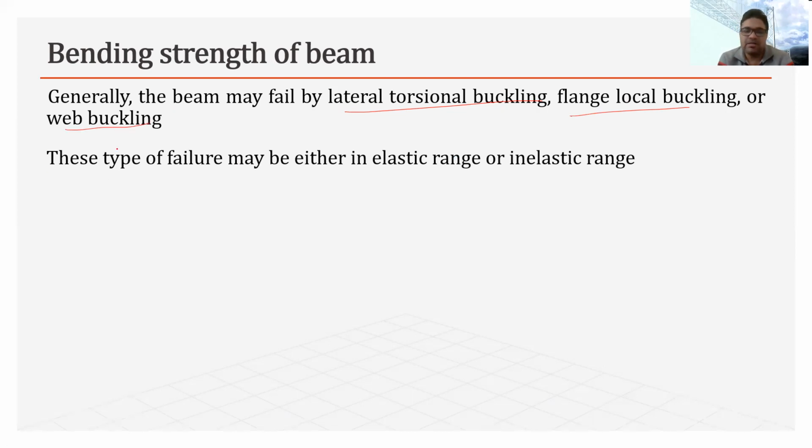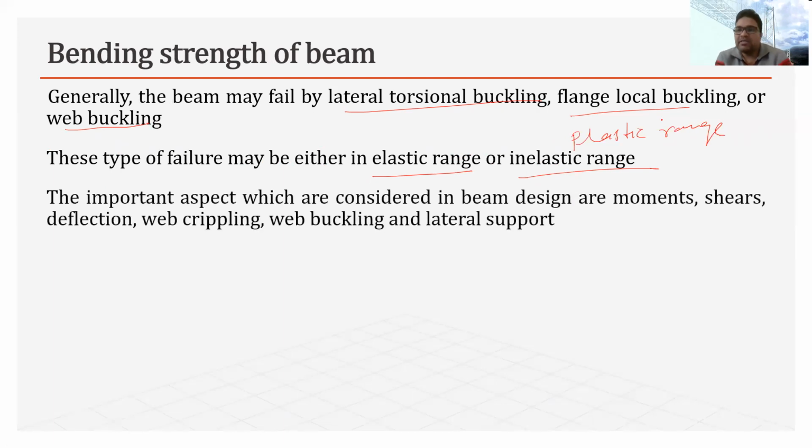Similarly, web buckling may occur, and these types of failure may be either in the elastic range, or in the inelastic range, or maybe we can say plastic range. So basically, the important aspects that we are supposed to consider while designing the beam are moments, shear, deflection, web crippling, web buckling, and lateral support. So all these criteria we will consider while designing our beam.